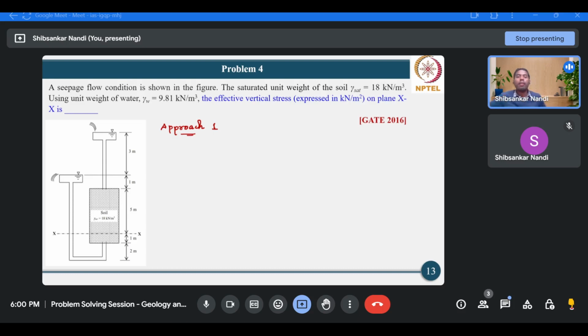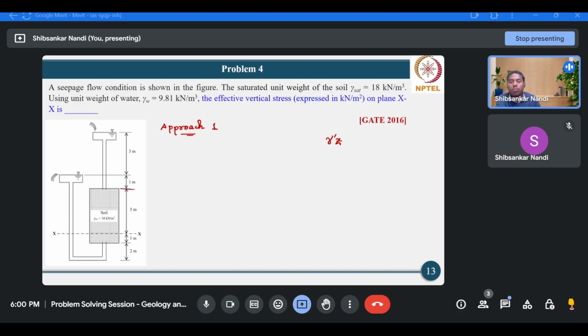Now, what is the analytical form? When there is no seepage flow, it will simply be gamma prime multiplied by Z. Here gamma prime is the submerged unit weight, and Z is the distance at which we are measuring the effective stress from the top surface of the soil.